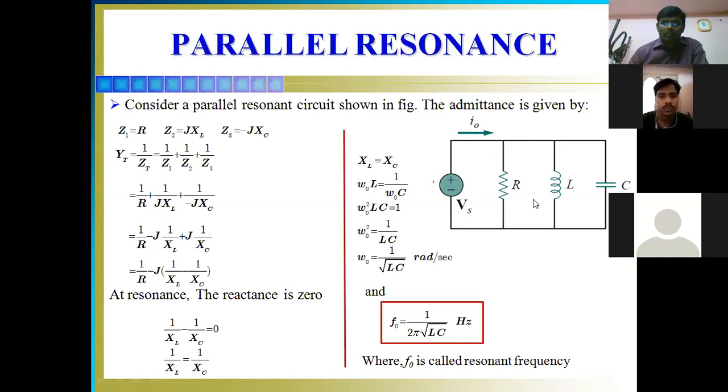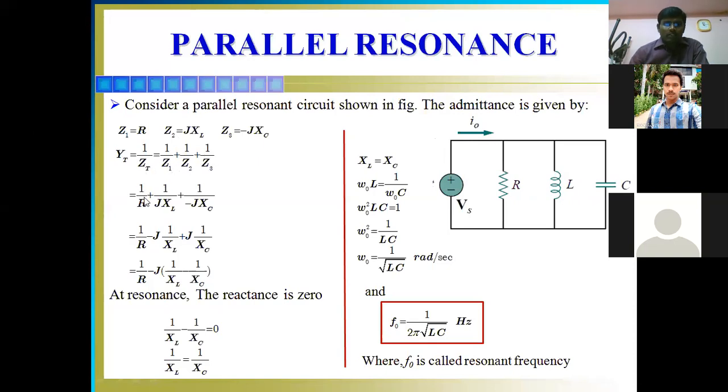Here there are three arms. Z1 is equal to R, Z2 is equal to jXL, and Z3 is equal to minus jXC. The total admittance YT is equal to 1 by ZT, the reciprocal of the total impedance, which is equal to 1 by Z1 plus 1 by Z2 plus 1 by Z3.